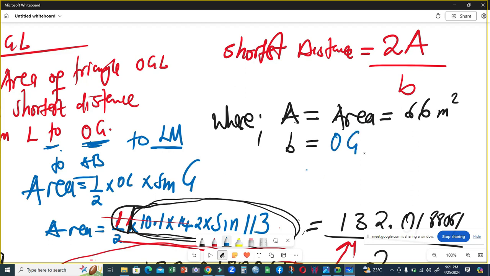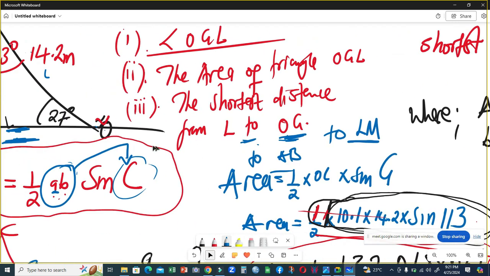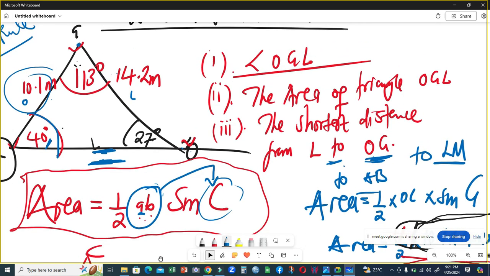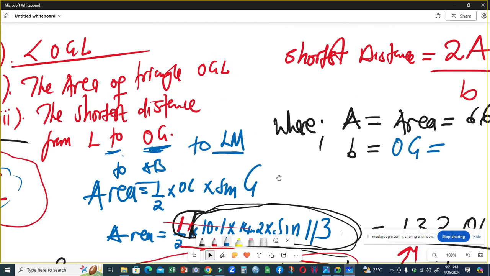What is the value of OG? If we come back here, OG is 14.2. Because O and G, this distance, is 14.2, we pick 14.2.